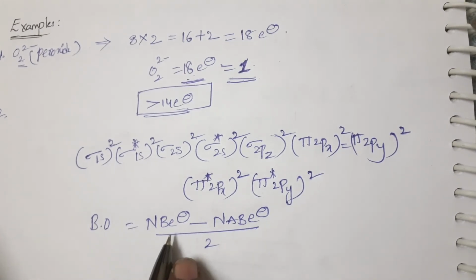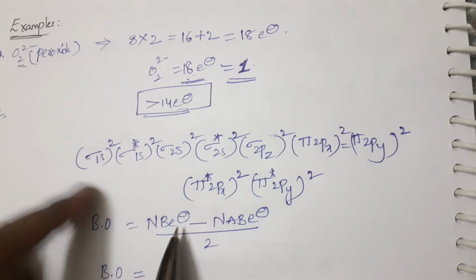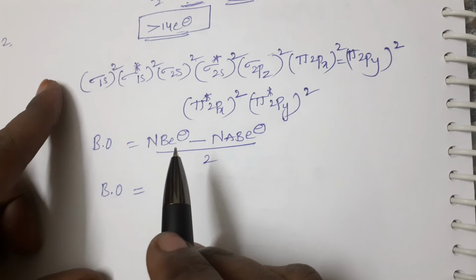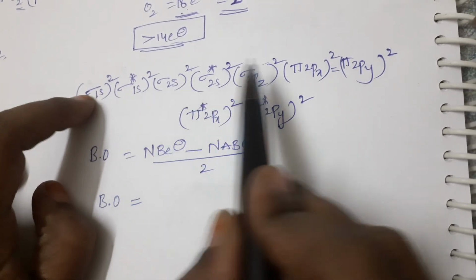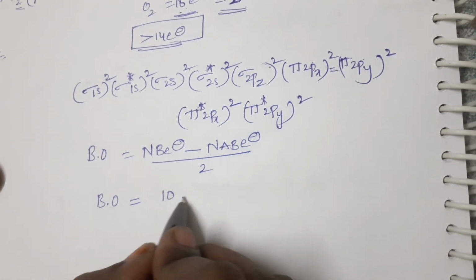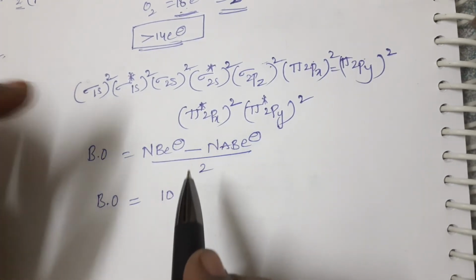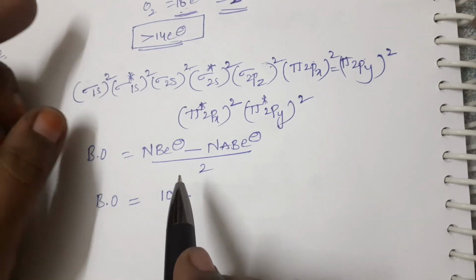Substitute bonding electrons and antibonding electrons in this formula, and we get the bond order. Bond order is equal to number of bonding electrons. Count the number of bonding electrons in the formula. So 2, 4, 6, 8, 10. 10 electrons are present in the bonding orbitals. Next, in antibonding orbitals, how many electrons are present?